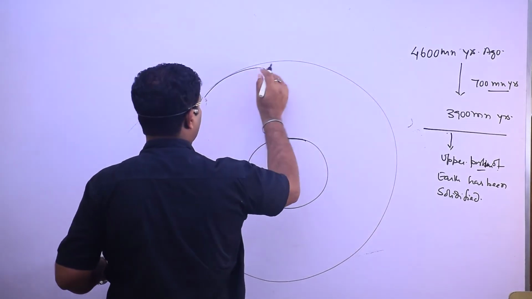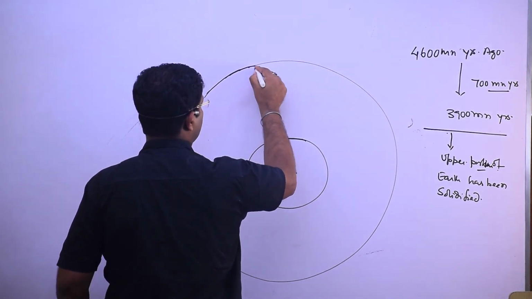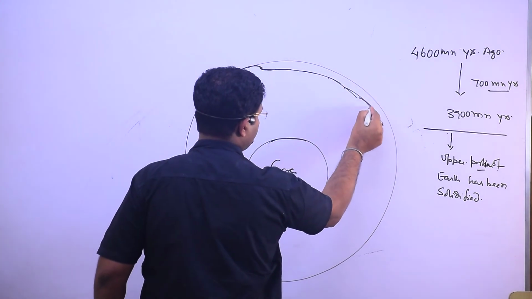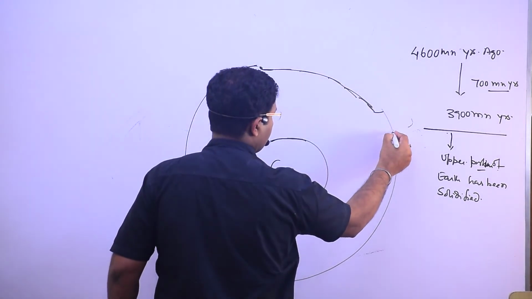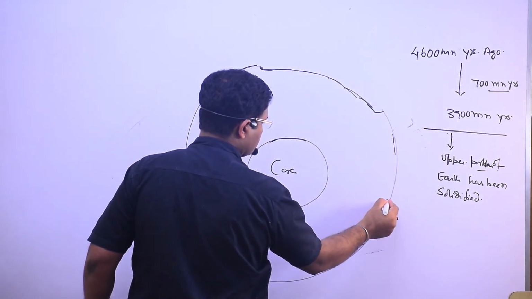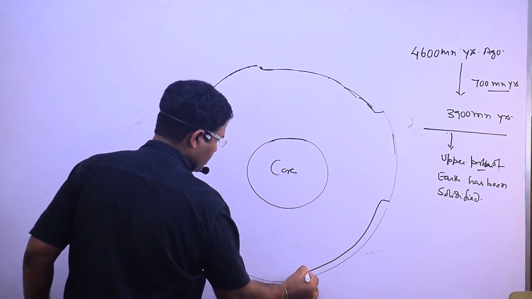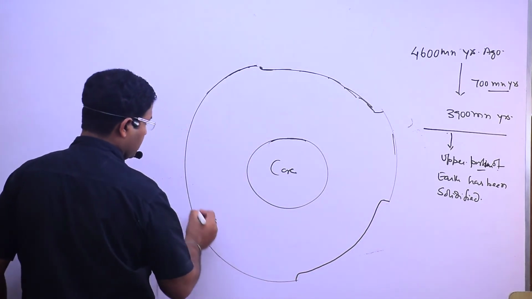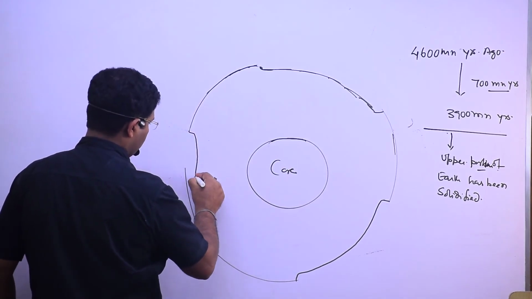this is the earth, and when it started solidifying, some portion got depressed, and some portion got comparatively uplifted.